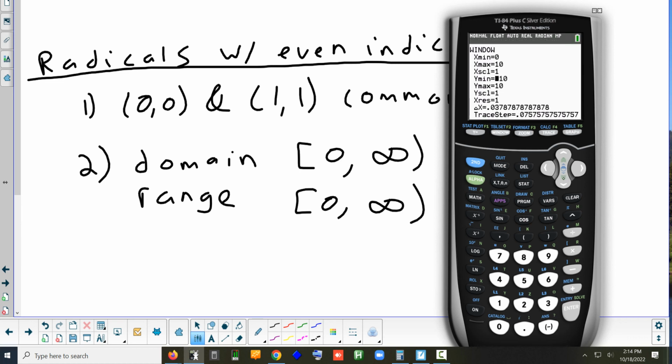Make that a little bigger. And see if we can see what's happening. Okay, so there's my square root. There's my 4th root. And there's my 6th root. So let's look at all of these.